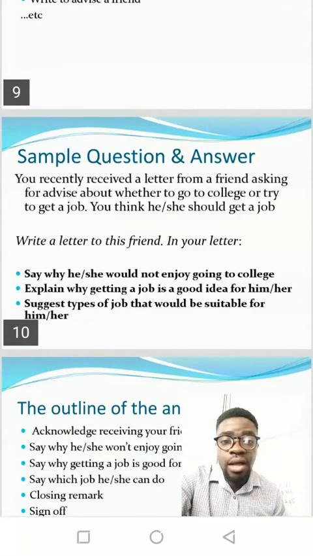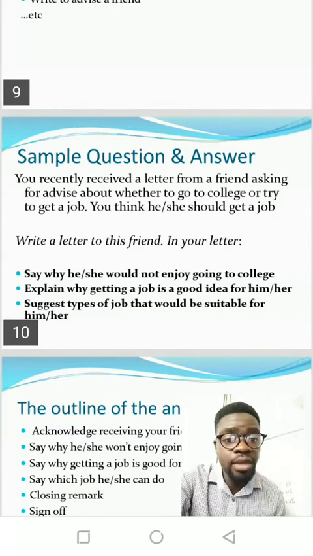I have a sample question and a response, and I'm going to guide you through how to get a good letter and do it very quickly, because you have limited time. 20 minutes is not enough time for you to write something very perfect.